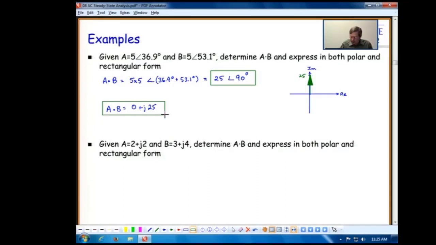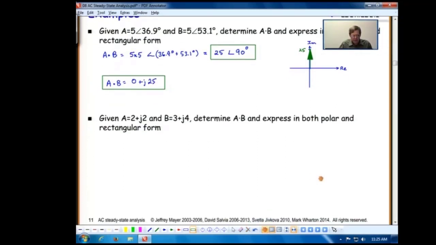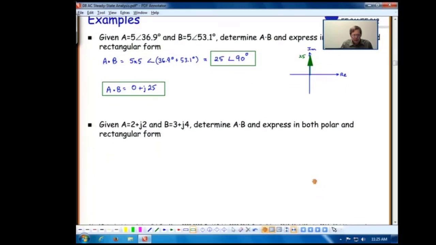All right, let's do the second example, and let's do it the long way. Let's do a times b in rectangular coordinates directly, and then we'll compare that to doing it in polar form. Use the FOIL method, so we have a times b equals 2 plus j2 times 3 plus j4.